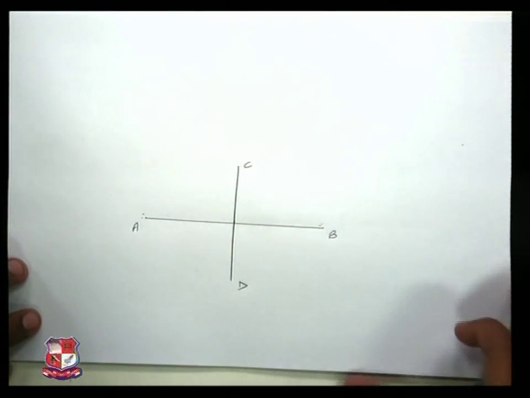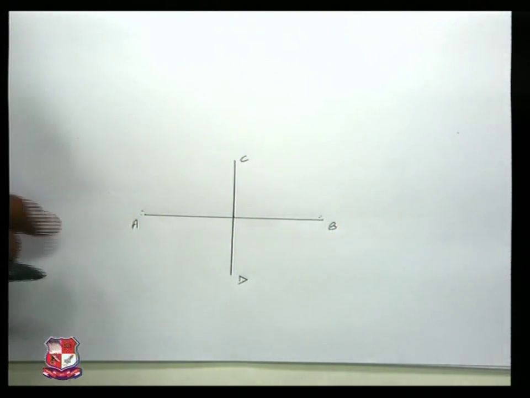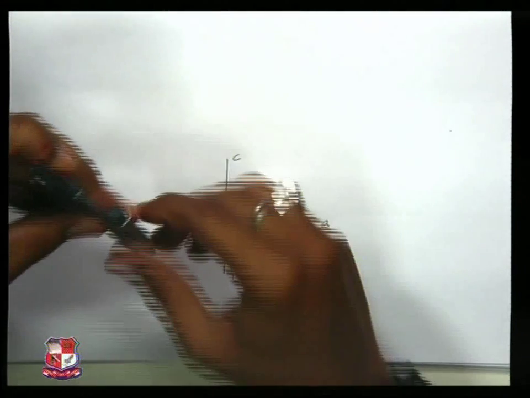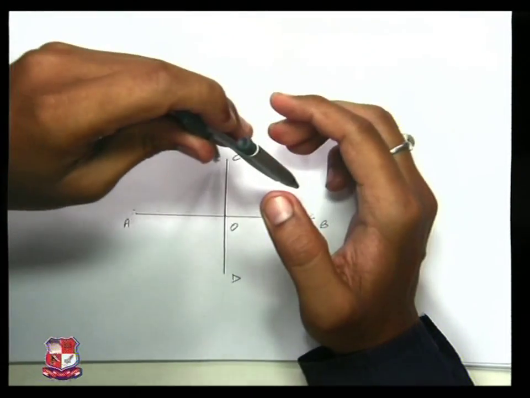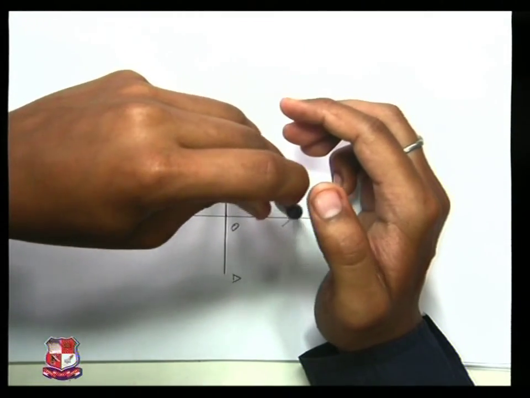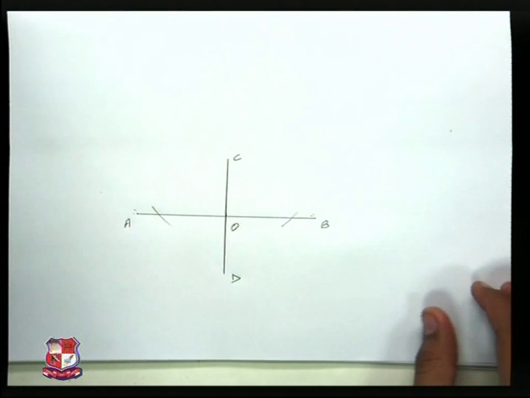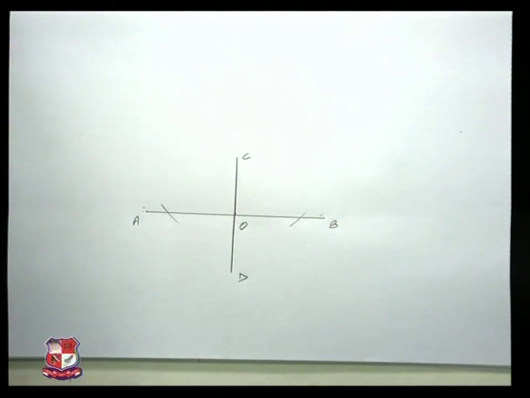The distance between the two focus points is very important. Hence, taking OA as radius, C as center, mark arcs on both sides.